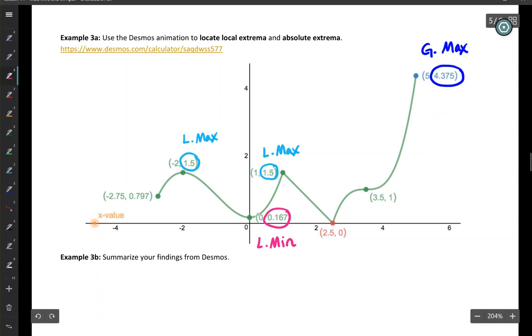It's a different shape, but we still have a local min. Now that local min also happens to be the absolute or global min. That's the smallest y value, period. Okay, so now let's go look at that Desmos animation and see what we can say about the derivative.